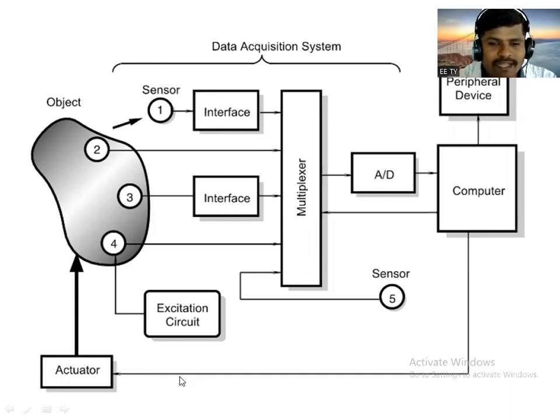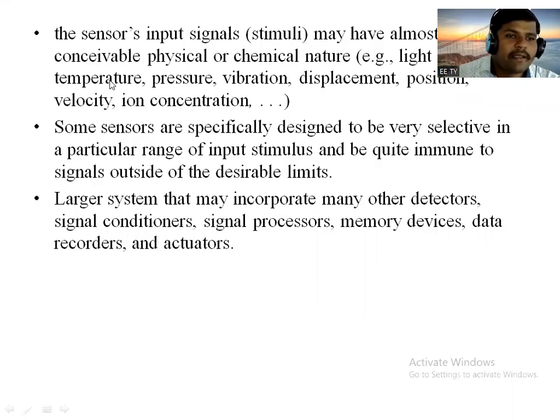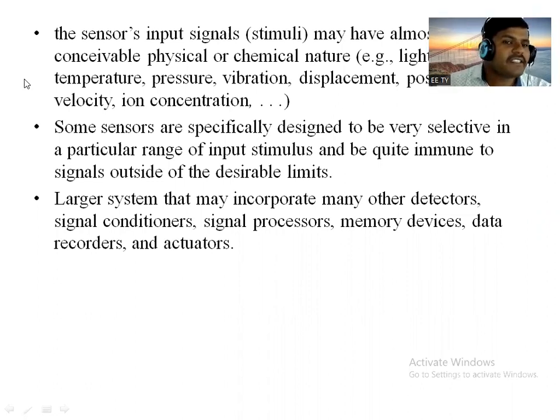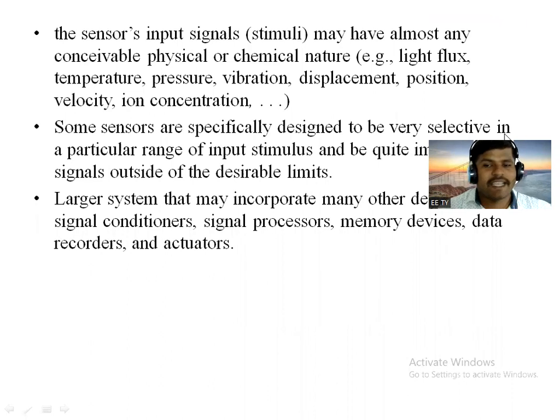Okay, so I think all is clear regarding the data acquisition system. I will tell one example, we will discuss it, and you will understand better. See here, the sensor input signal or the stimulus may have almost any conventional physical format, it is any kind. Or it is chemical in nature, if the material is in gaseous form, or the state of material is in liquid form.